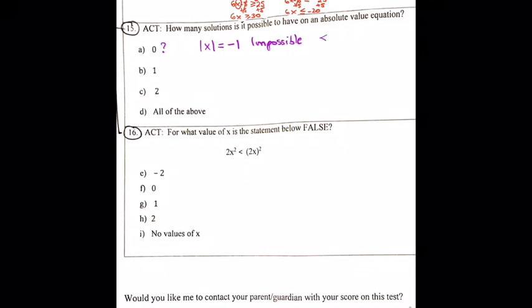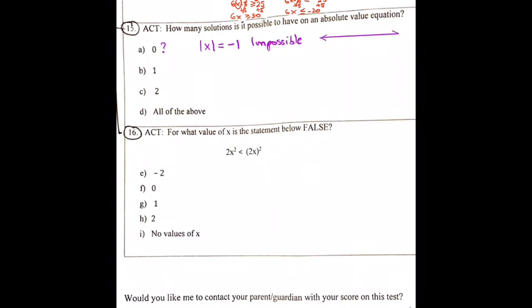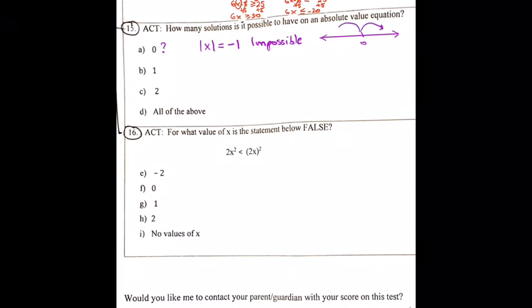It doesn't matter. Remember, if I have the number line, here's my 0. Absolute value of x tells me I'm looking for a number who's negative 1 units away from 0. Can I have negative 1 units away from 0? No. Either I go left 1 unit or right 1 unit.